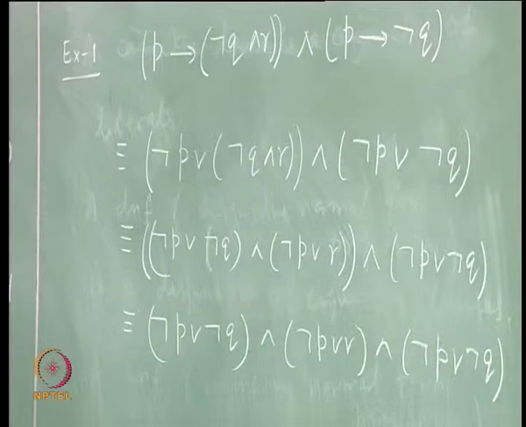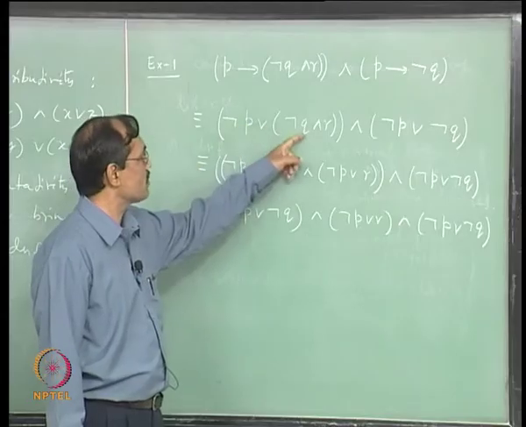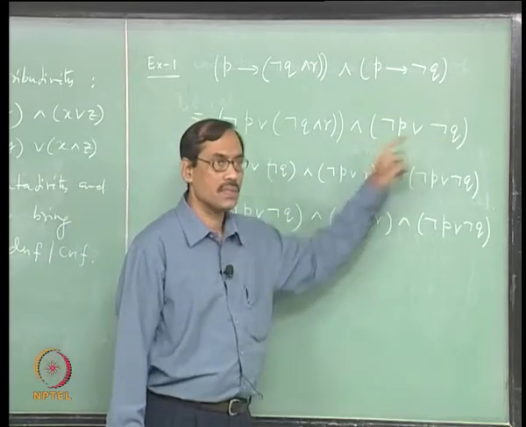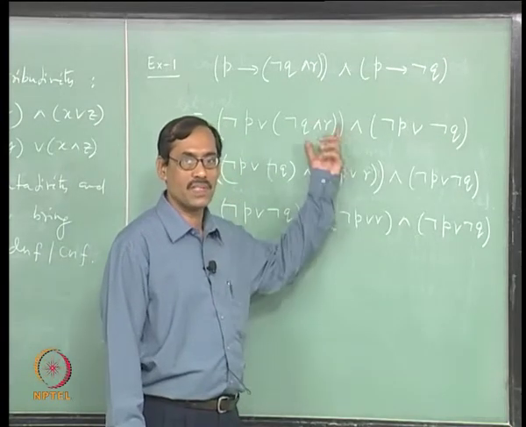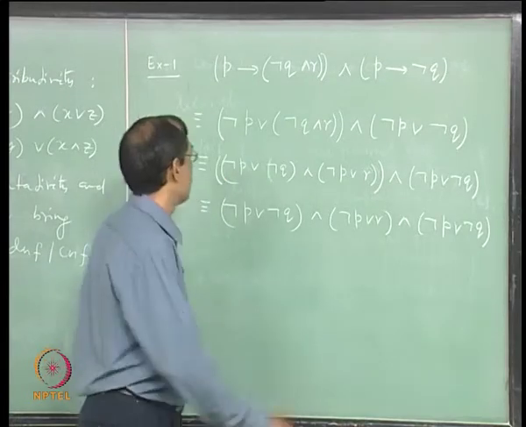But still there are some other ways, like if you recognize here not P or something and not P or something, so you could have used distributive in the other direction, fine. So, what does that give?